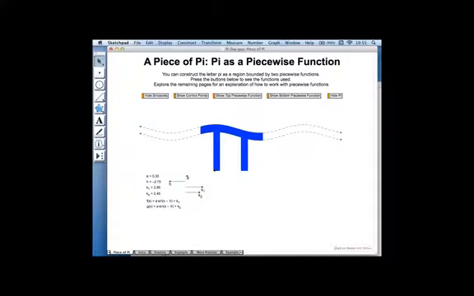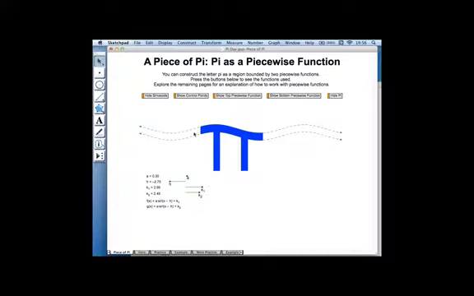I'm sorry I didn't have time to do the piecewise function, but this sketch, the presentation sketch, has a whole set of pages explaining in detail how to use the piecewise function tools.